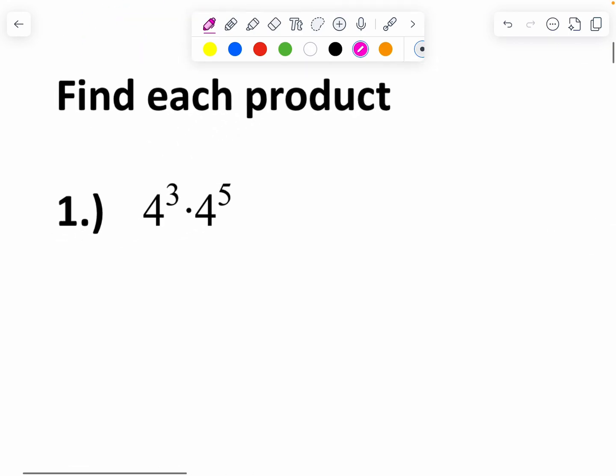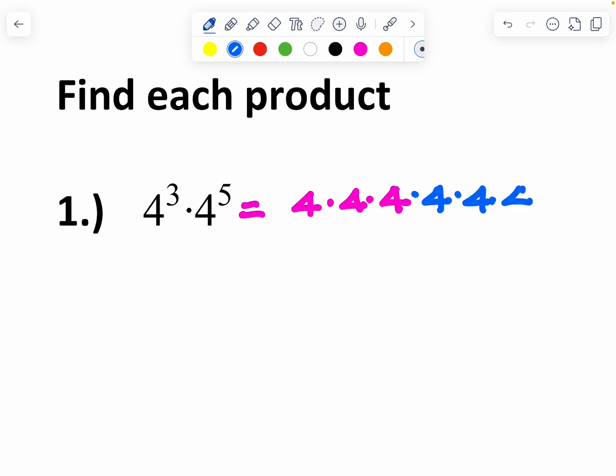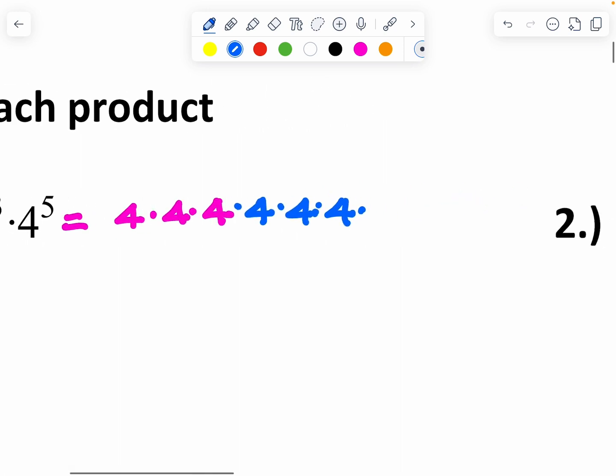So same base. So this one, same thing, base. But you know what? Just for the fun of it, let's expand this out. 4 to the power of 3 is 4 times 4 times 4. And then 4 to the power of 5 is 4 times 4 times 4 times 4 times 4.